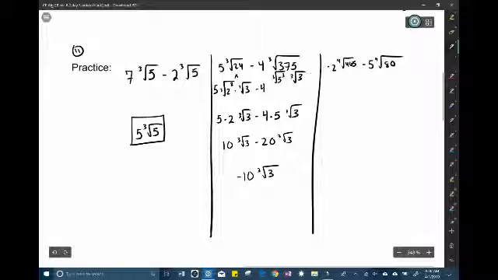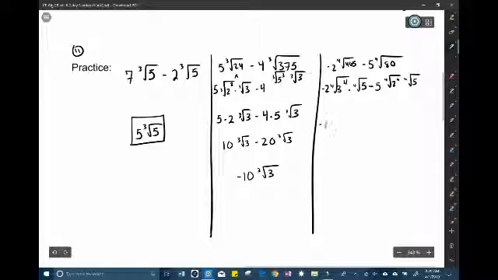In this case, 3 to the 4th goes into it, times 4th root of 5, negative 2 out front, negative 5, and into 80 would be 2 to the 4th, and then 4th roots of 5.